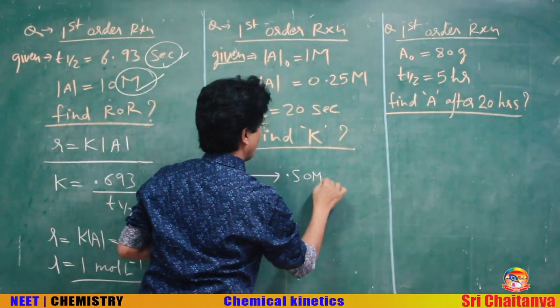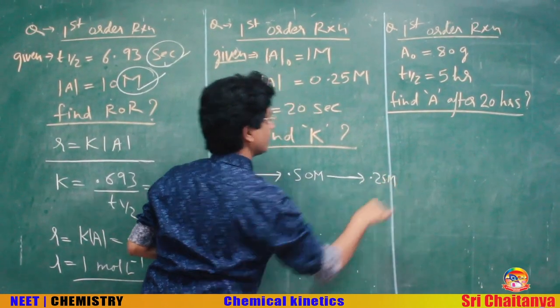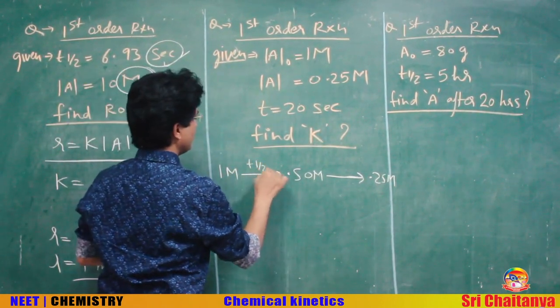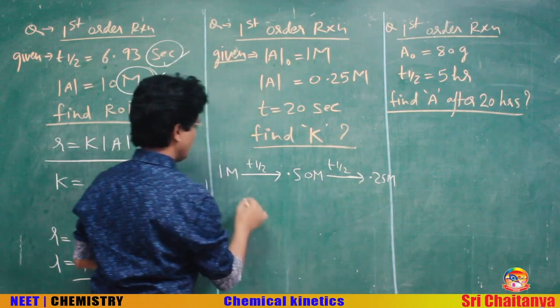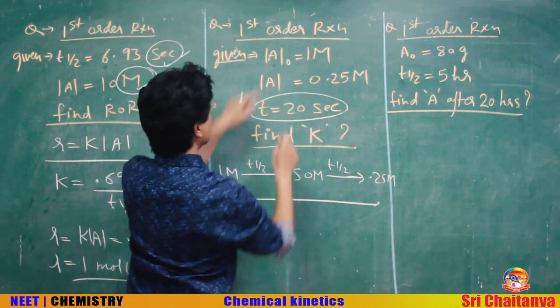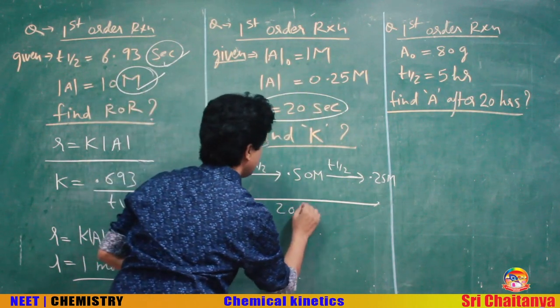After 1 more half-life, it will be 0.25 molar. So this is half-life, this is also half-life. Total time given is 20 seconds. Time required to go from 1 molar to 0.25 molar is 20 seconds.